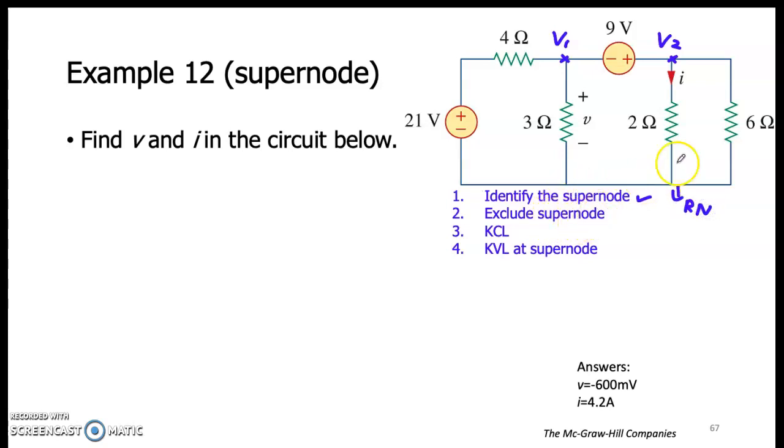And what you need to do next? Okay, this is a non-reference. This is also non-reference. So yes, the 9 volt here is a supernode. Okay, so at the supernode, you are going to exclude this one. And then next, you are going to apply KCL.